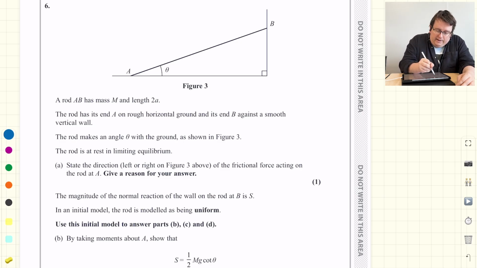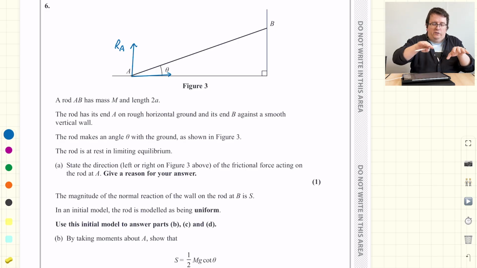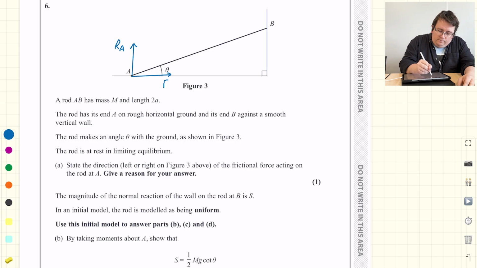So at A, we're going to have a normal reaction, so let's call that RA, and we're going to have a frictional force that's going to be acting to the right, opposing the direction of motion because it's going to try and slip down the wall, and we'll call that friction at A. And B also is going to have a normal reaction force.